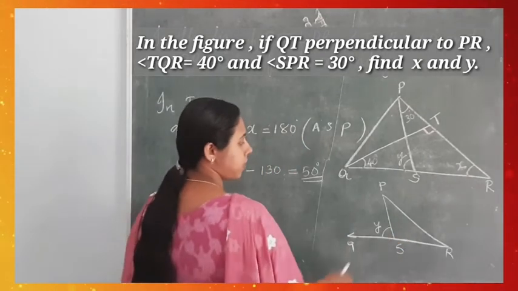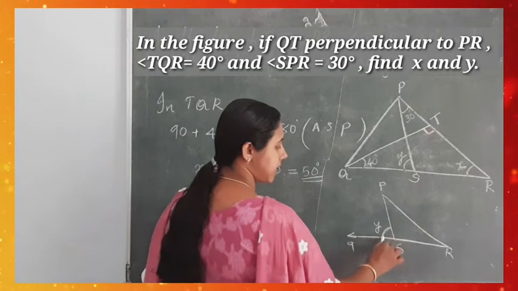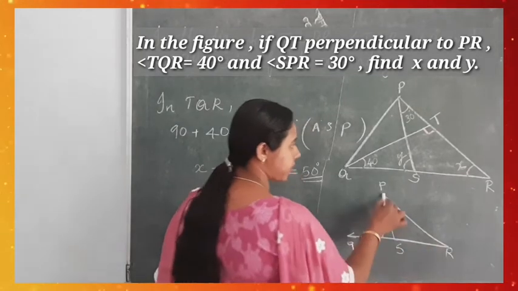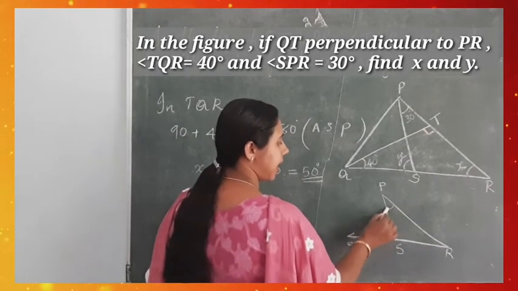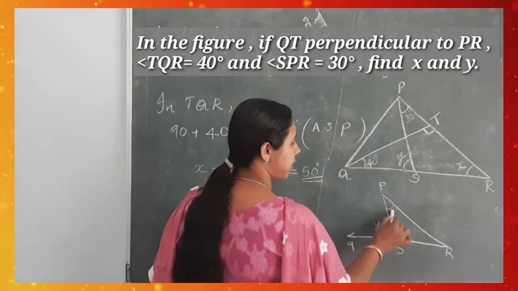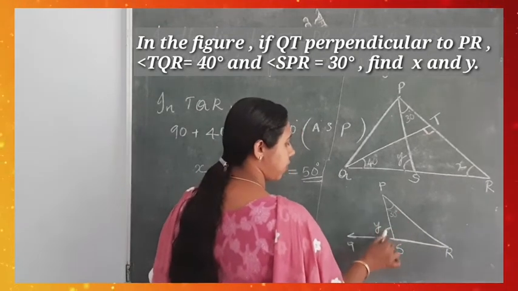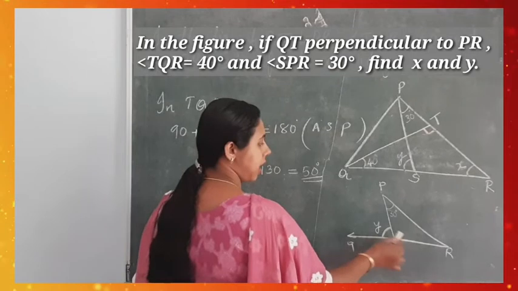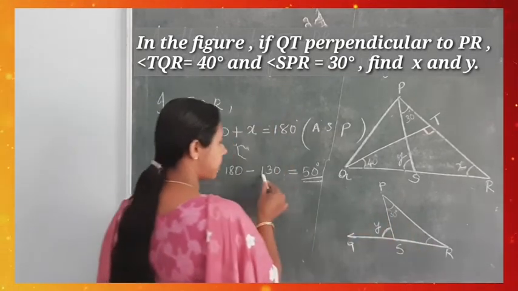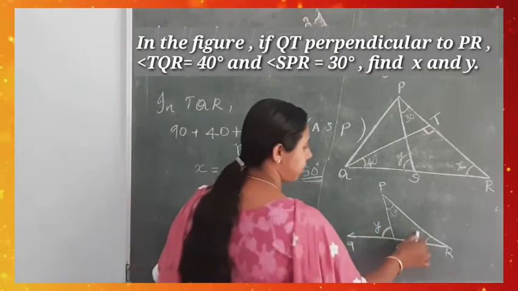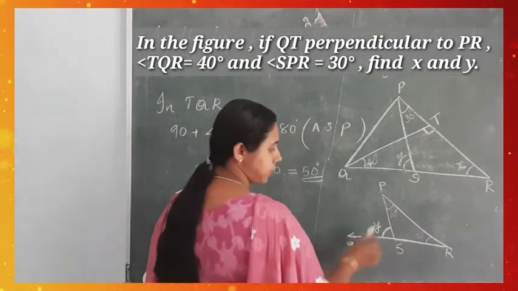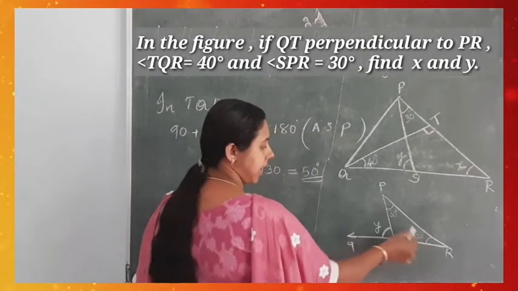So angle y is the exterior angle of this triangle. This angle SPR is given, that is 30 degrees. We want to find this angle y. We already found angle x, or angle R, which is 50 degrees. So the interior opposite angles we know.